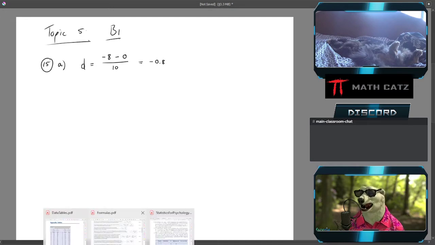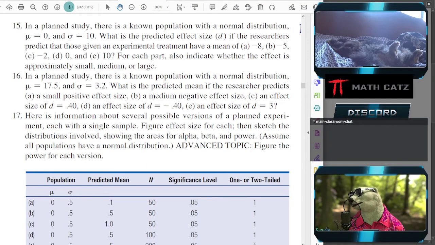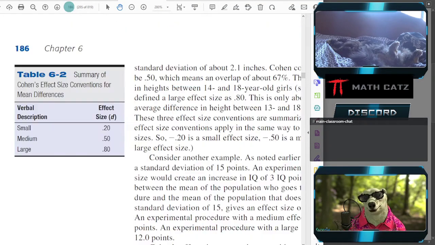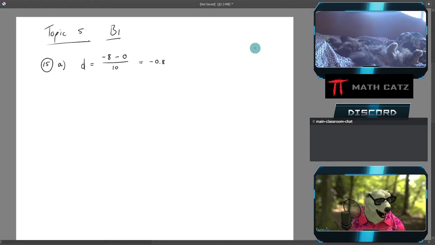Rough classification of the effect size: I'll go to page 186 as a reminder of that little table, 6.2, where we classify approximately the different effect sizes to use words instead of numbers. And we got a size of 0.8, so that'll be classified as a large effect size. Again, the negative just indicates the direction.